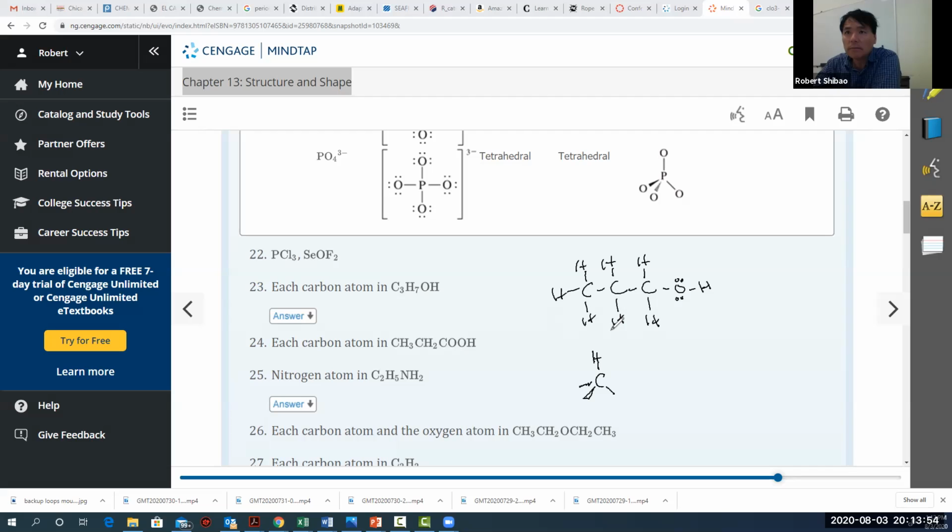The next carbon's going to be tetrahedral. So this is bonded to 2 hydrogens out over here. Now, what we're going to do is put 2 in the plane like this. And so this is in the plane, this is in the plane. And then we're going to stick 1 out like this. So this is going to wedge out, and this is going to wedge in. These are the 2 hydrogens. So this is a tetrahedral that's been tilted, like here. You can see it.